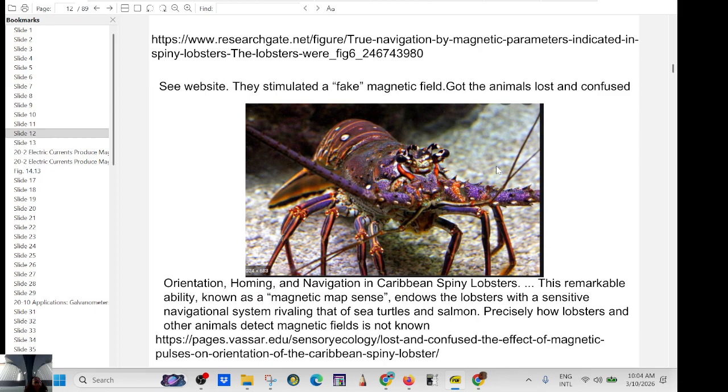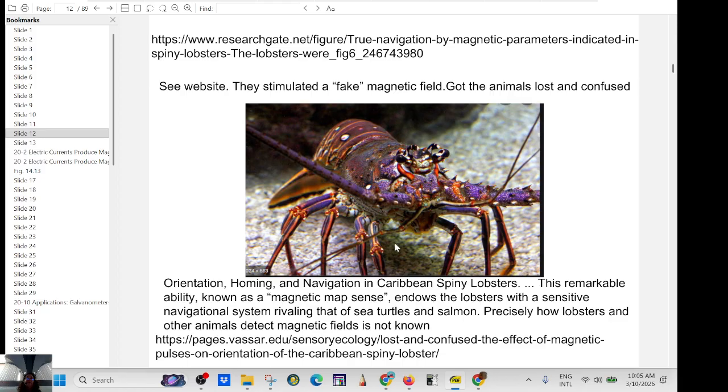Okay, a lot of application in environmental science or biology. Lobsters, many animals like turtles or birds, maybe us, have little magnetite, iron oxide, in their brain that will align with the magnetic field, so that way they don't lose their way.